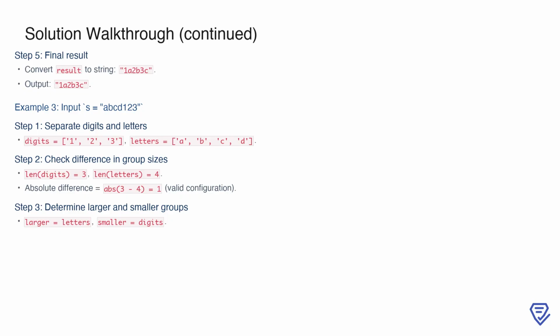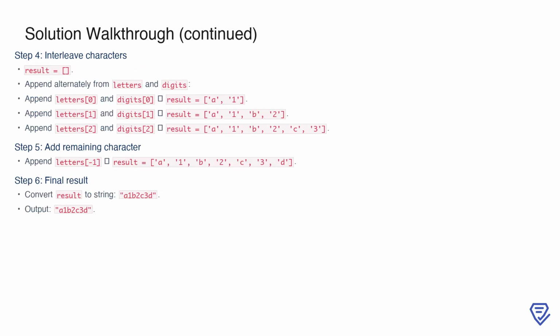Finally, we include the last pair, digits[2] and letters[2], giving us 1, a, 2, b, 3, c. After interleaving all the characters, we convert the result list to a string, resulting in 1a2b3c. This is the output for this example. Now, let's consider a new scenario where the sizes of the groups differ by 1.